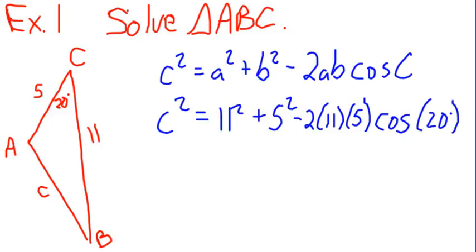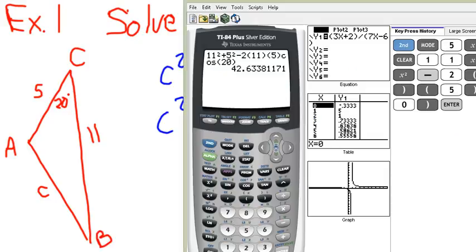So if we type this in on a calculator and simplify, we get 42.63.